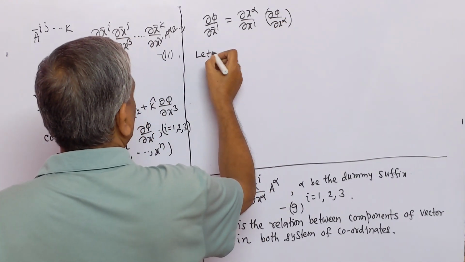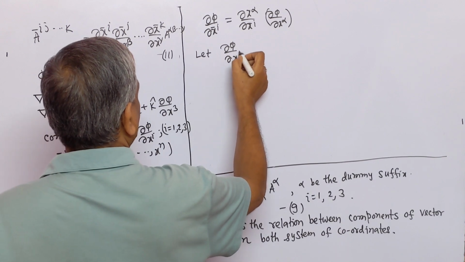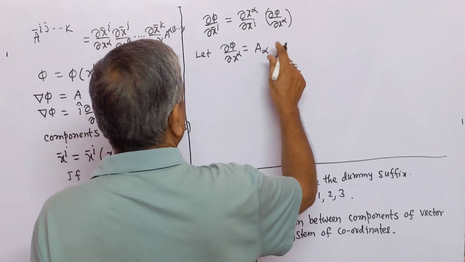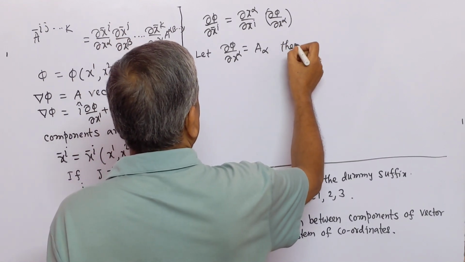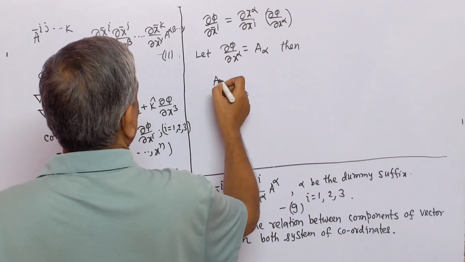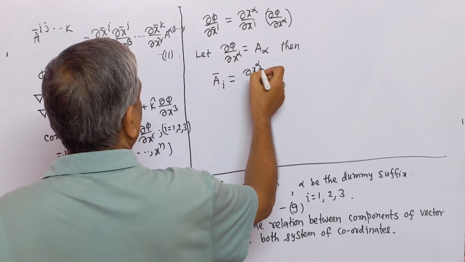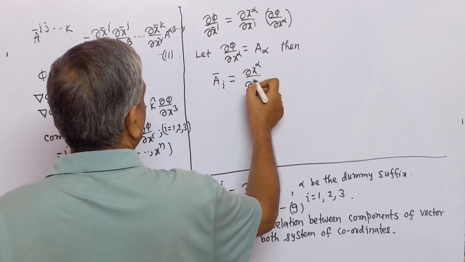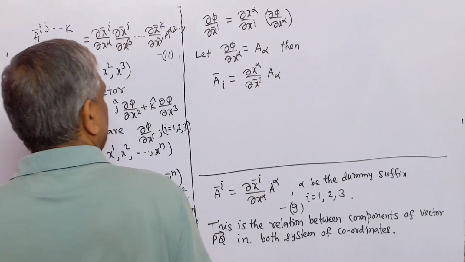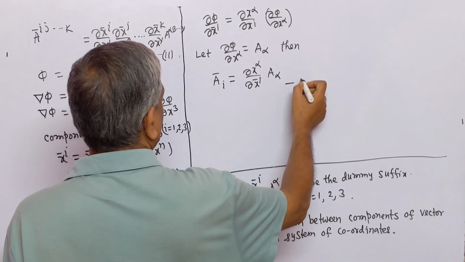Let del phi by del x alpha equal A alpha. Then we may write A bar i equal to del x alpha by del x bar i, A alpha. This is number 12.